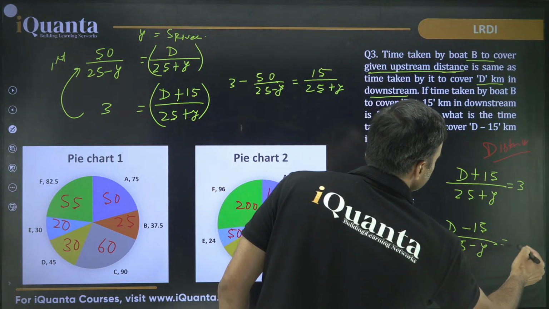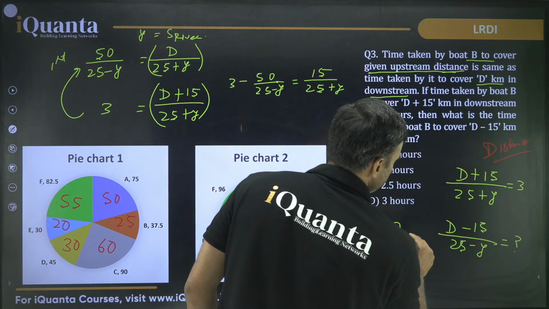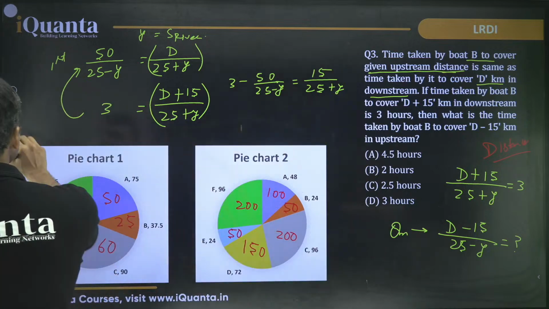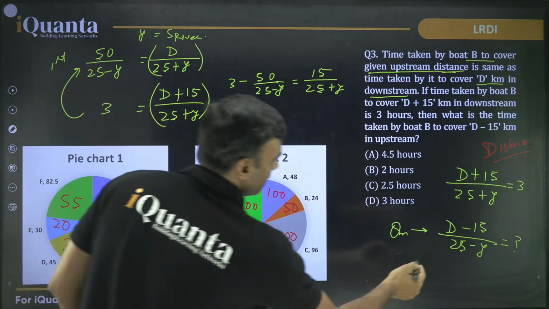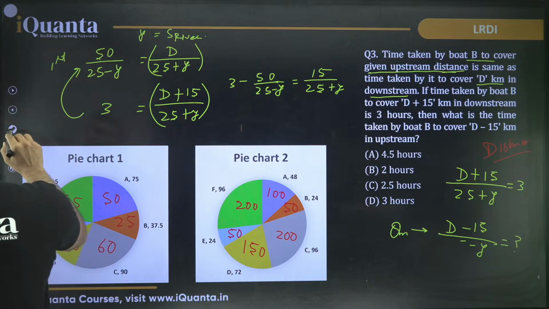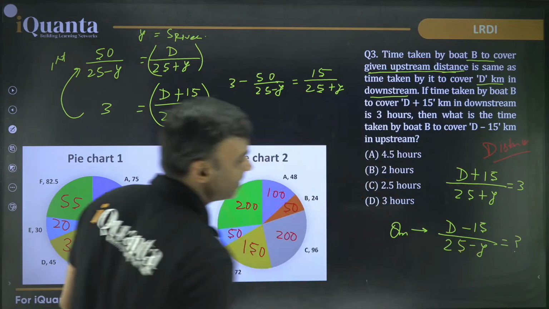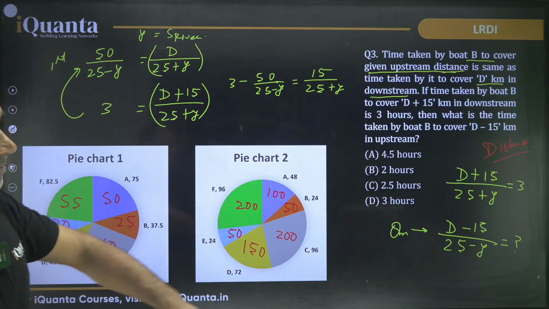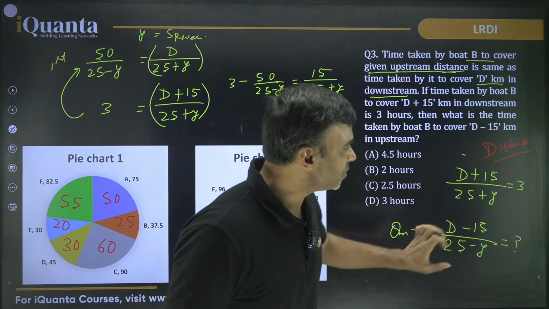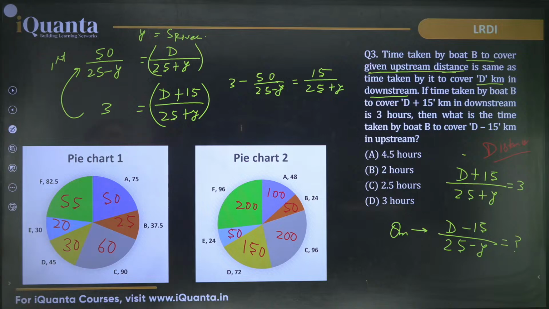This is the question. The question is asking us the value of this, D minus 15 upon 25 minus y. Okay? This is what the question is asking us. है ना? ये दिया हुआ था और ये पूछा है.